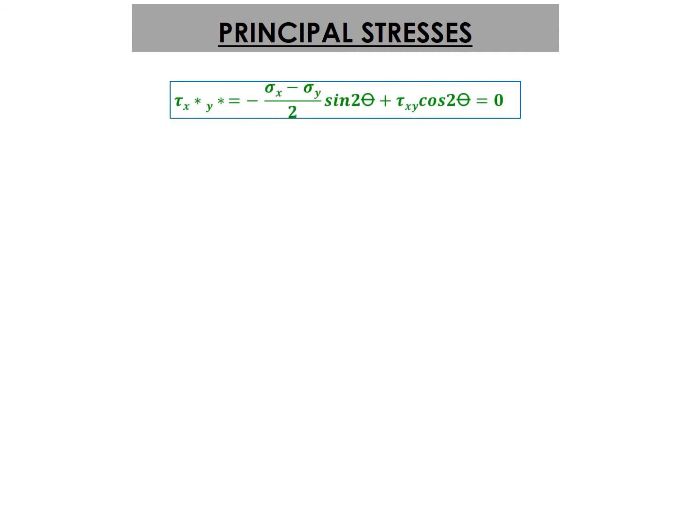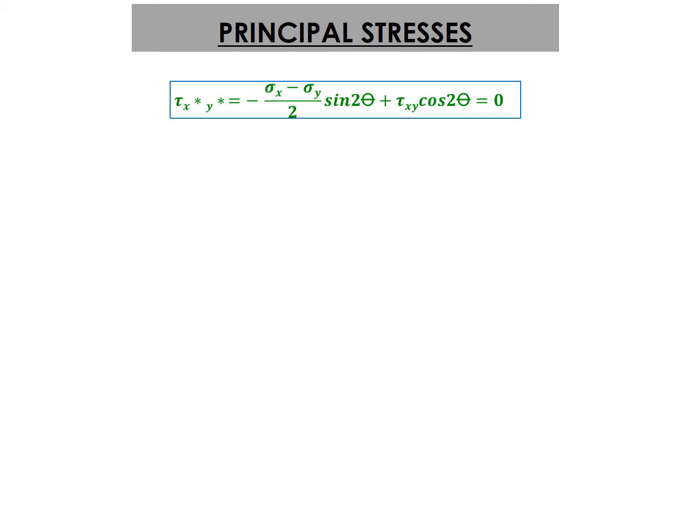So now about principal stresses. The definition of principal stress is that the stresses which are calculated at the principal planes or the principal axis. Now what are principal axis? How to determine the location of principal axis?